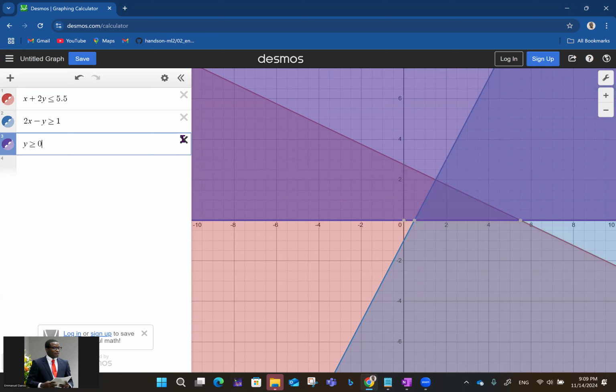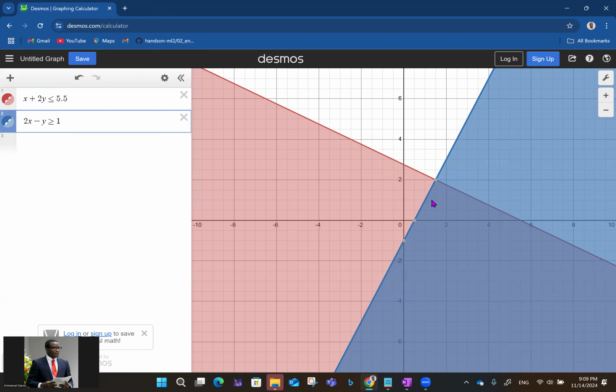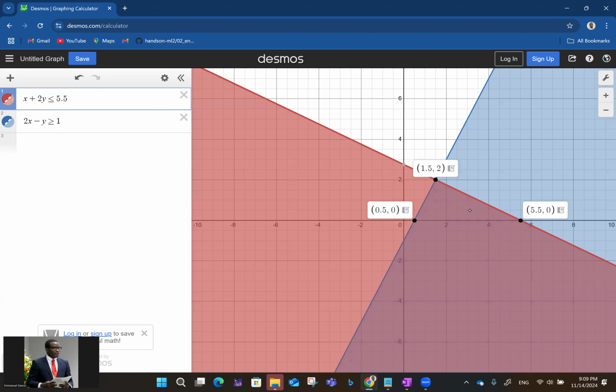We already know that the region we are interested in is where the two intersect, and that is this small triangle you're seeing. We know it cannot go negative. So we are interested in that corner, which is 0.5, 0, that other top, which is 1.5, 2, and this corner, which is 5.5, 0. Those are the three corners where the two regions intersect.